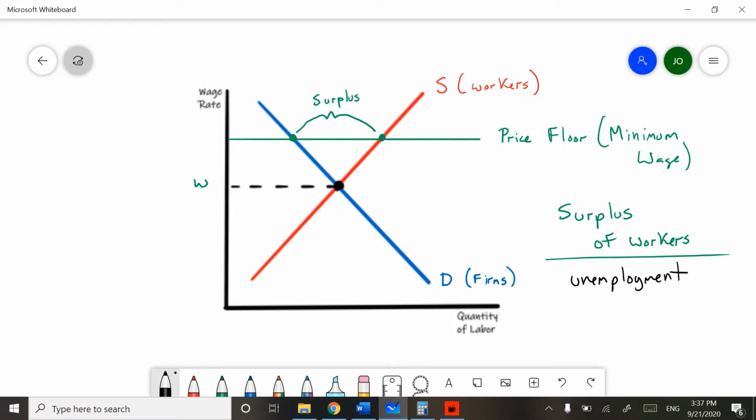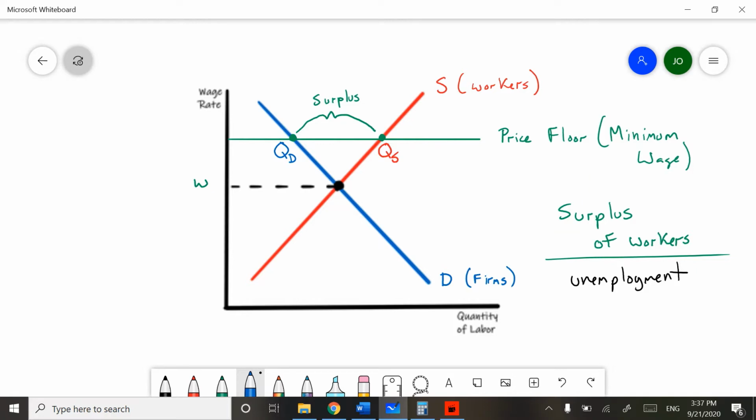Because the quantity supplied of labor exceeds the quantity demanded of labor, meaning that there's a lot of workers that are going to be left without a job at this wage rate.